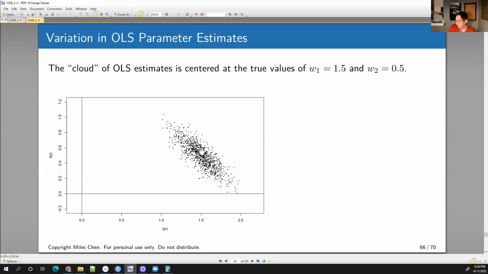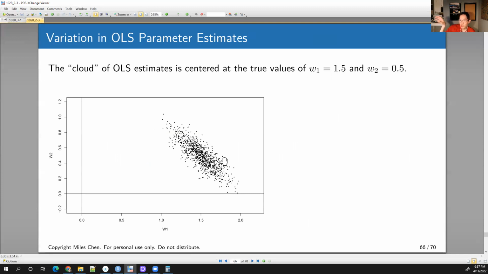We have generated different random samples. It's like 1,000 different people took random samples from the population. The true values in the population have parameters 1.5 and 0.5.